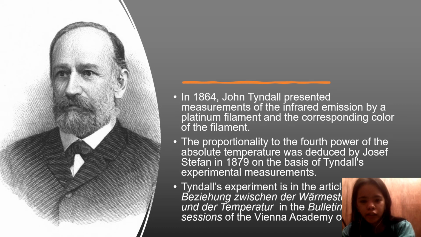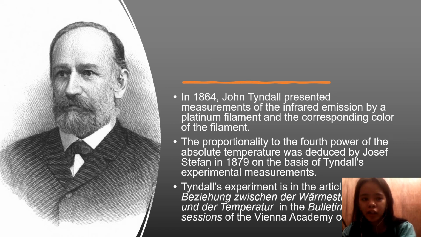In 1864, John Tyndall presented measurements of the infrared emission by a platinum filament and the corresponding color of the filament. The proportionality to the fourth power of the absolute temperature was deduced by Joseph Stefan in 1879 on the basis of Tyndall's experimental measurement.